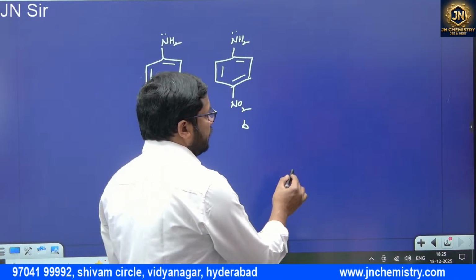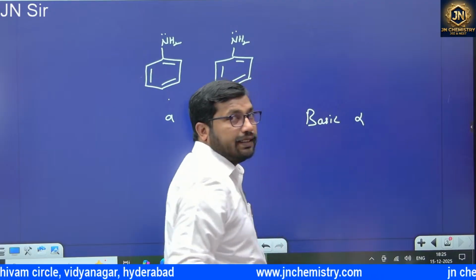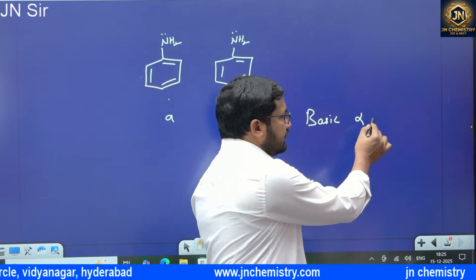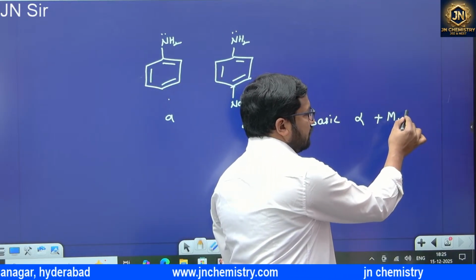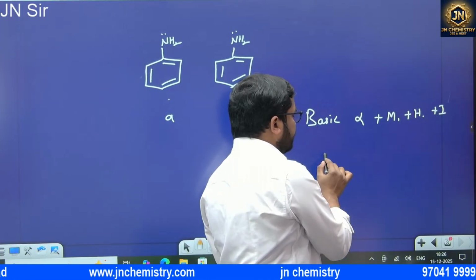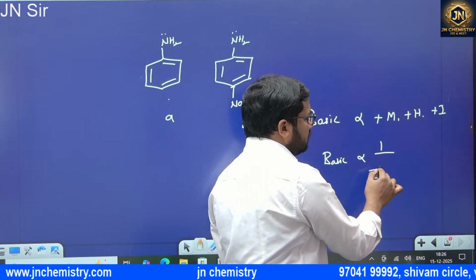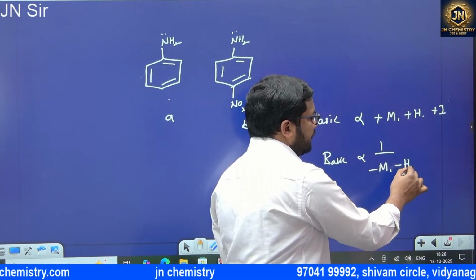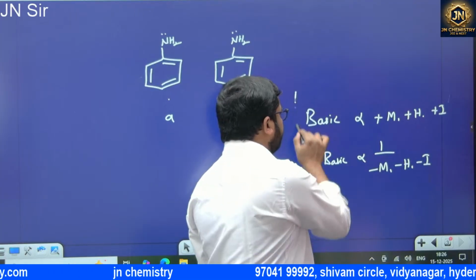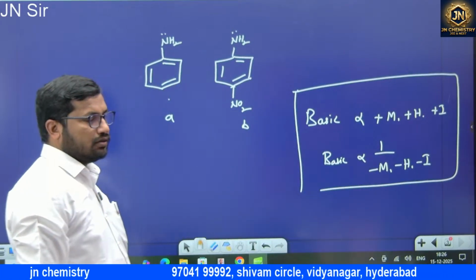Okay, so basic strength is directly proportional to plus M, plus H, plus I. Basic strength is inversely proportional to minus M, minus H, minus I. Now note this down.